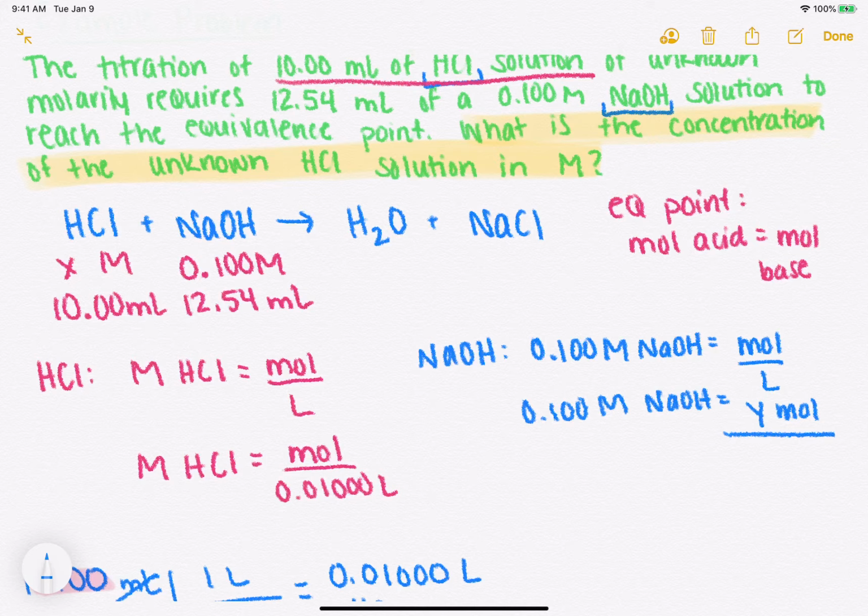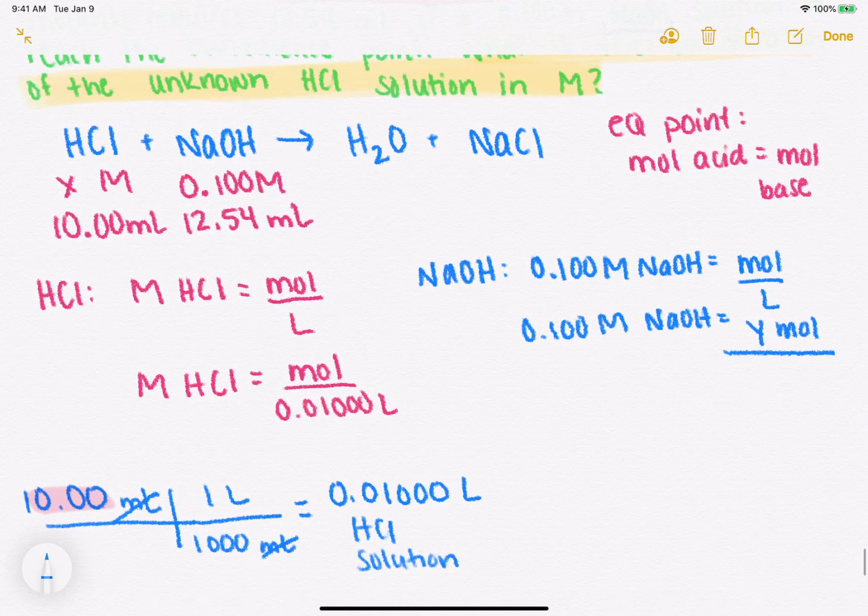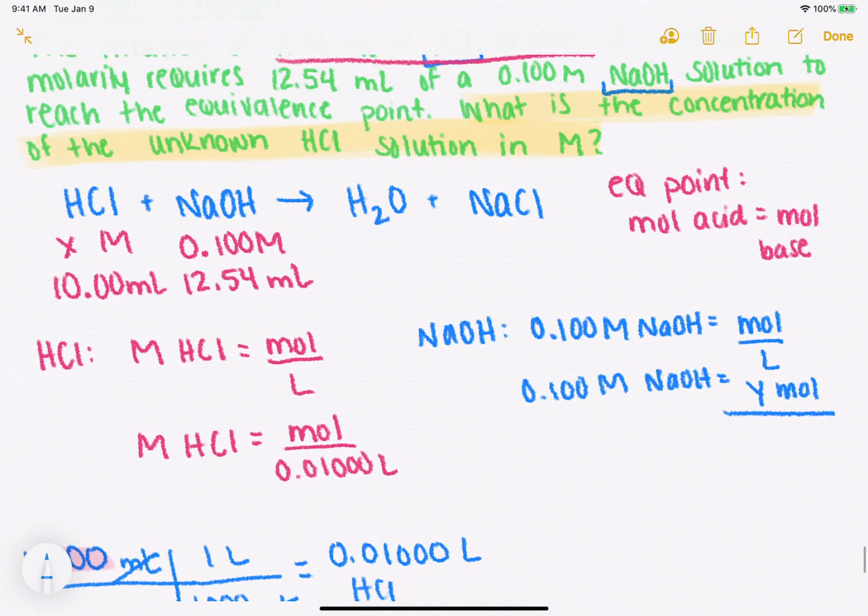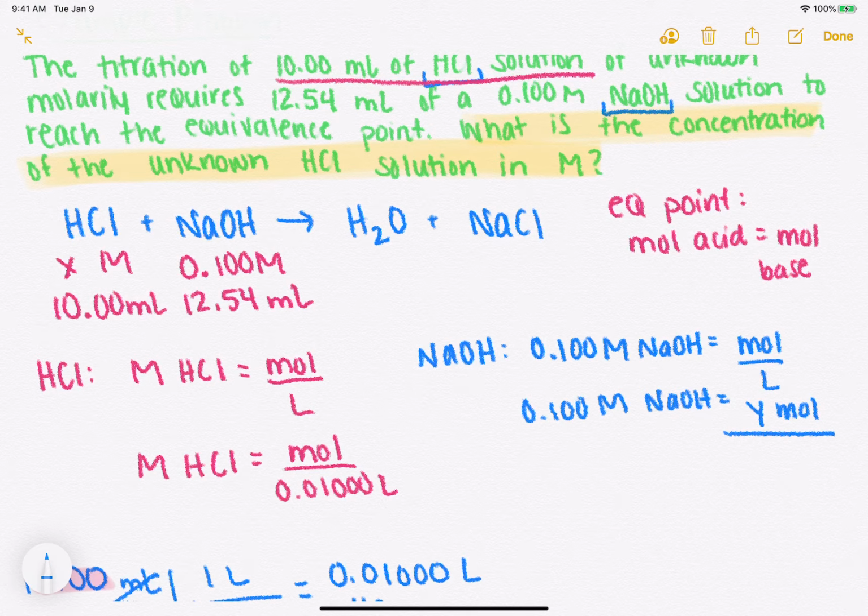So we have 12.54 milliliters. We'll do another unit conversion. You can write this out in a train track table like we did for the HCl. But I am just going to know that I'm dividing by 1,000, so I'm going to move my decimal point over 3 places, 1, 2, 3, to get liters.